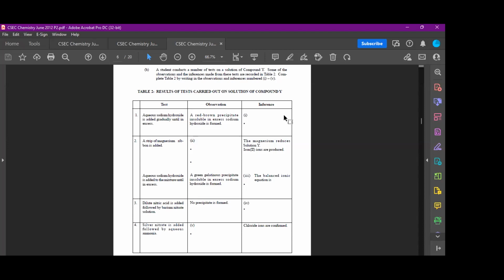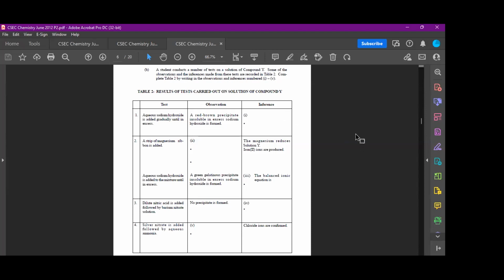So you say that iron is there, but are you saying that the iron is possibly present? Are you saying that the iron is present with something else? Are you saying that the iron definitely is present? Definitely is present. So the iron is present.